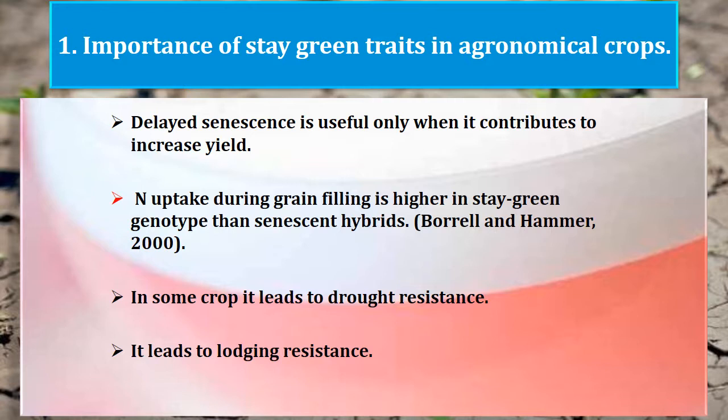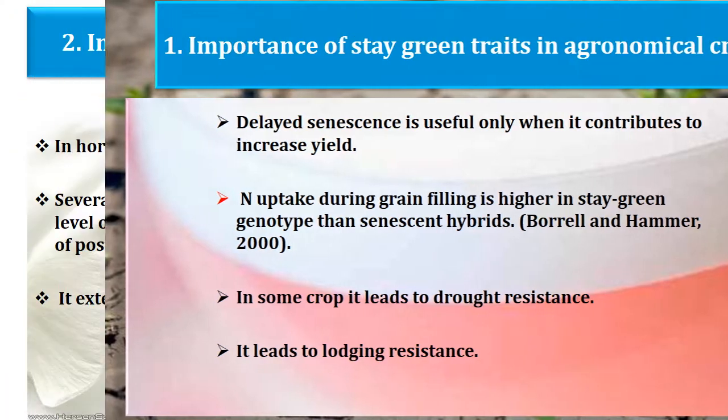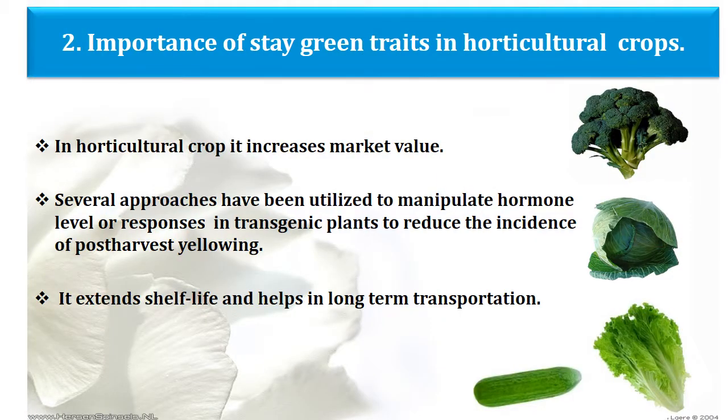In some crops it leads to drought resistance as well as lodging resistance. In horticultural crops, it increases the market value. Several approaches have been utilized to manipulate hormone levels or responses in transgenic plants to reduce the incidence of post-harvest yellowing. It extends the shelf life and helps in long-term transportation.